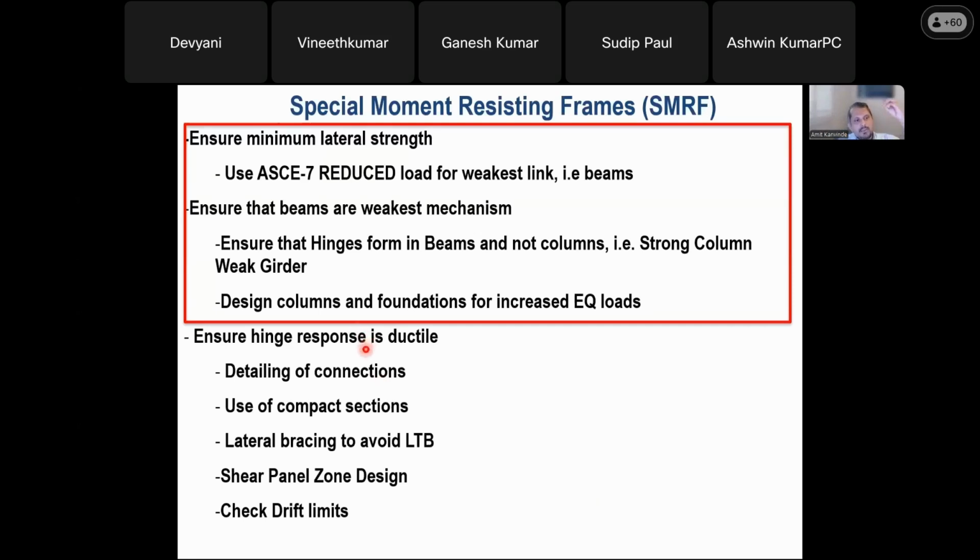Okay? And then we design the columns, the panel zones, and all the other parts of the structure for increased earthquake loads. Again, there's a lot of mathematical detail to it, which I'm not getting into, but the main idea is that you want your beams to be the fuse. And at a structural design level, you do this by making sure that everything else is stronger than the beam.